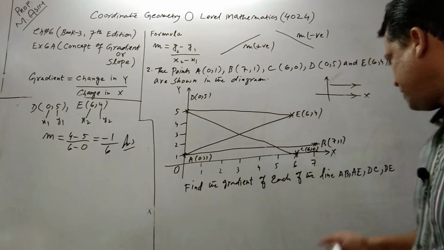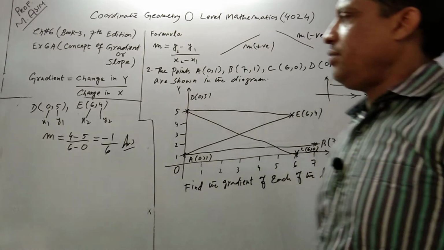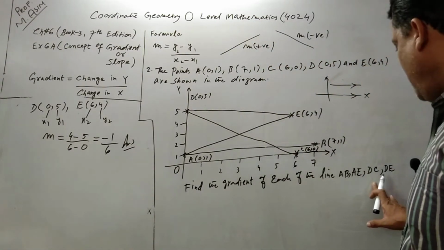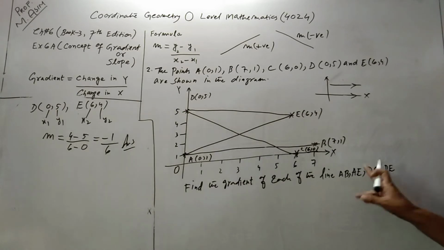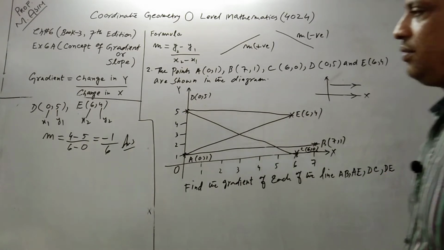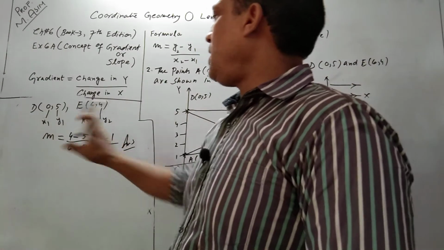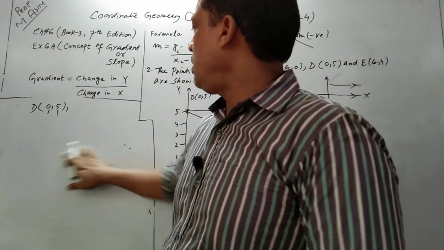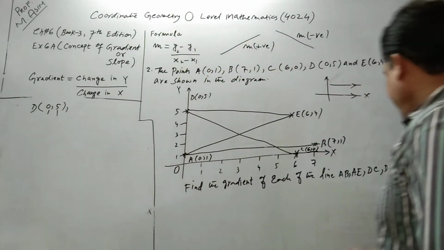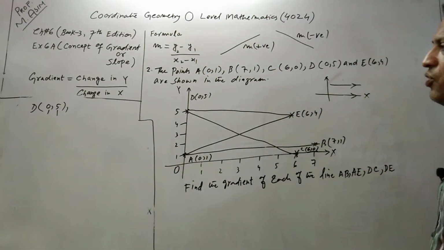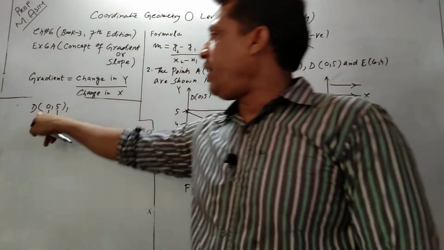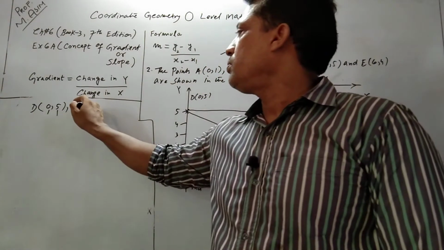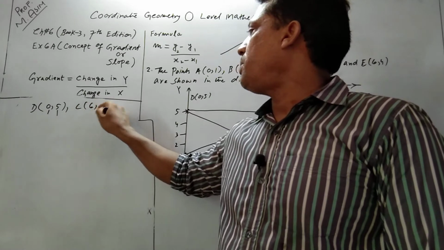See last part. DE, you have to find DE. Oh sorry, I forgot to find the gradient of DC. Now, this is the answer of DE. Now, for the gradient of DC, you need the coordinates of D, already written 0, 5, and C coordinates are 6, 0.